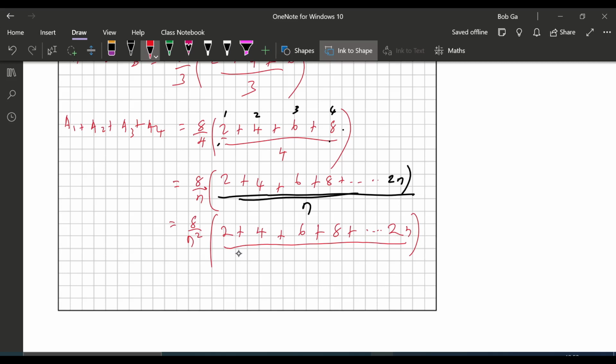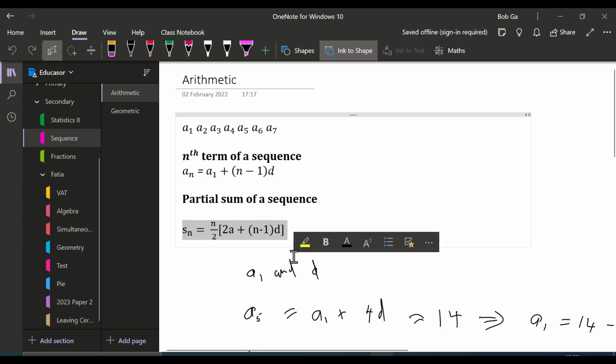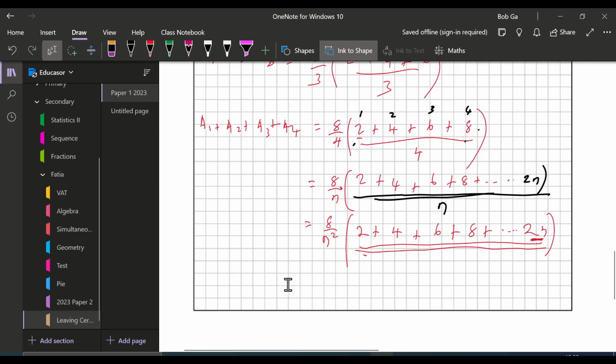So how are we supposed to sum all this up to the n-th term, which will be the value 2n? We don't know n. So how do we sum up the first n terms in an arithmetic sequence? If we go back to our formulas, I have to copy that over here. Let me paste it somewhere here.